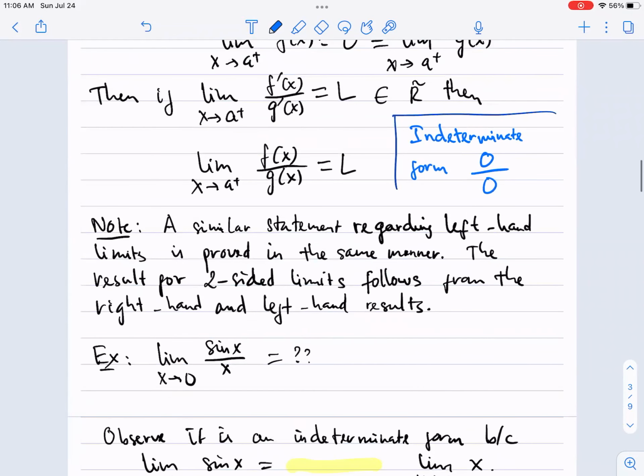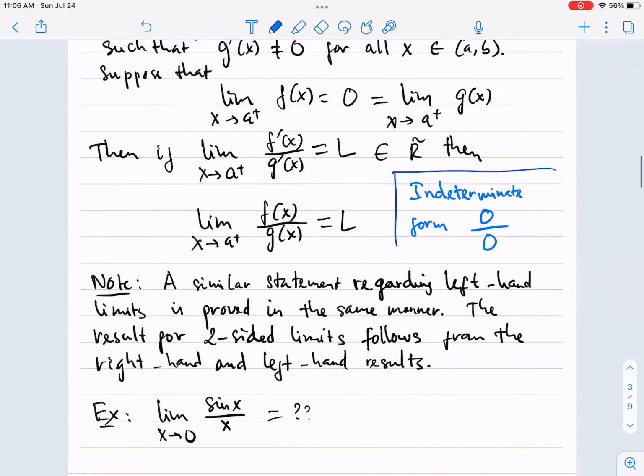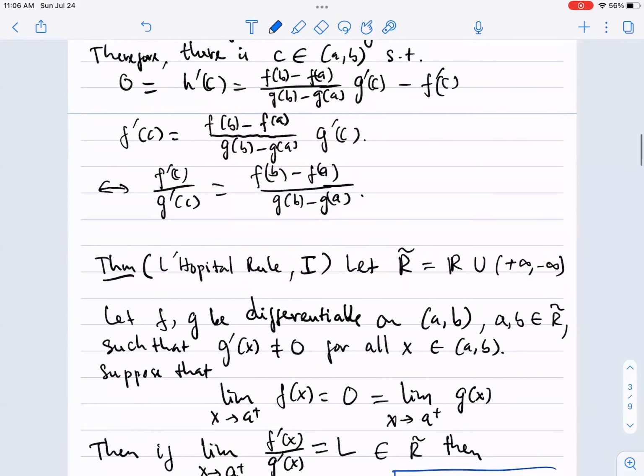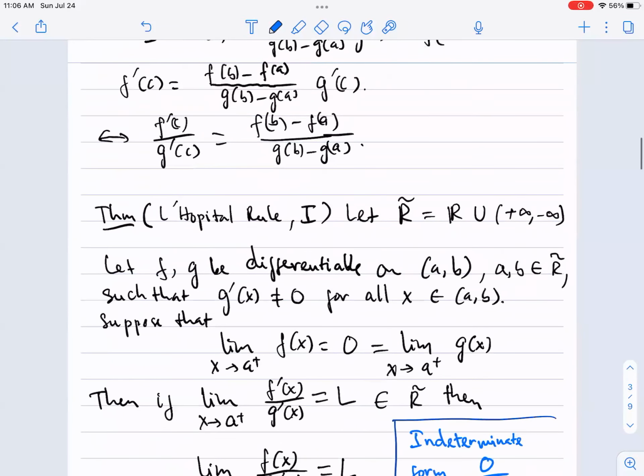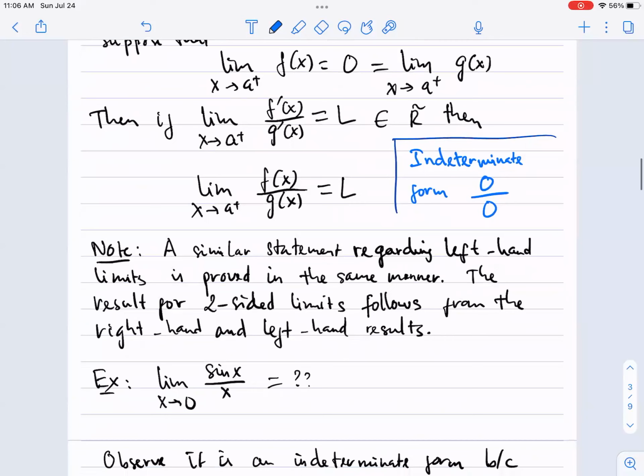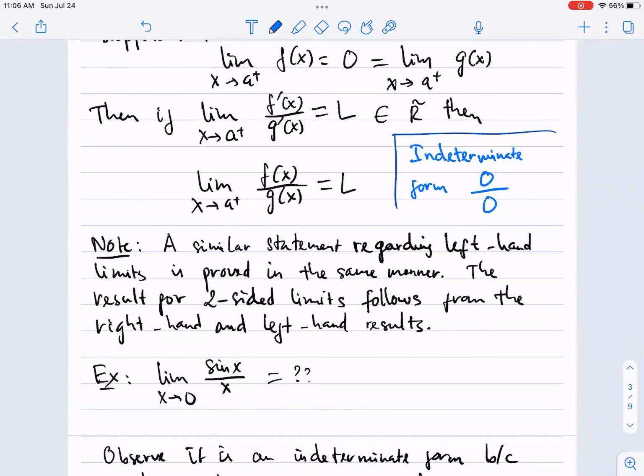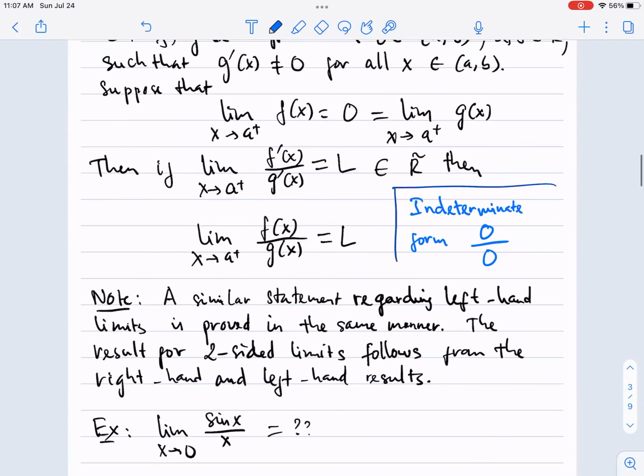The proof of this theorem is based on the Cauchy mean value theorem. Also, note that this is a statement for a right-hand limit. A similar statement regarding the left-hand limit is proved in the same manner. The result for two-sided limits follows from the right-hand and left-hand results.